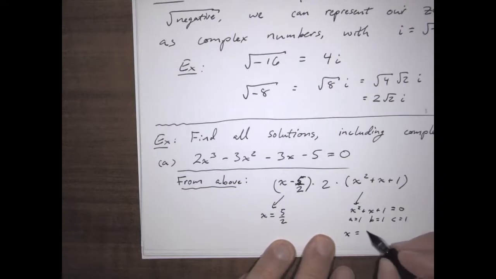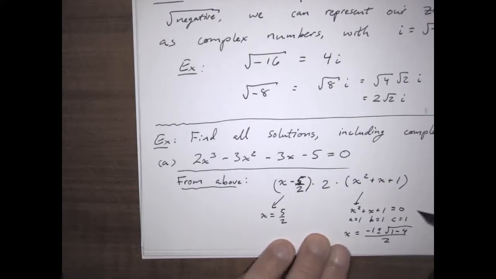So x = -1 plus or minus the square root of 1 - 4, all divided by 2, which is x = -1 plus or minus the square root of -3 over 2. That equals -1 plus square root of 3 i, because it was negative, over 2, or -1 minus square root of 3 i over 2.